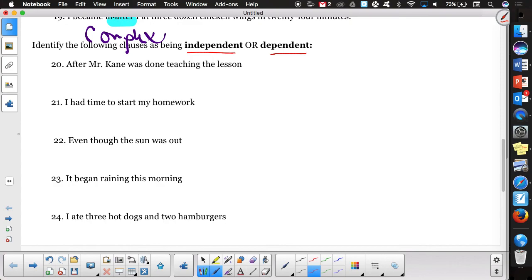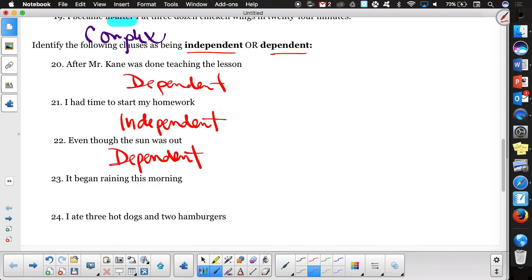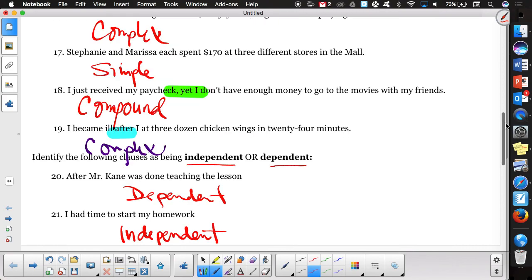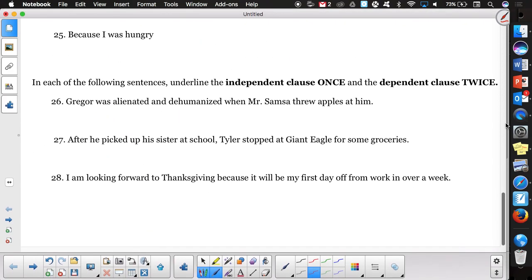If I was writing it, this is going to be dependent. I had time to start my homework. Independent. Even though the sun was out. Dependent.